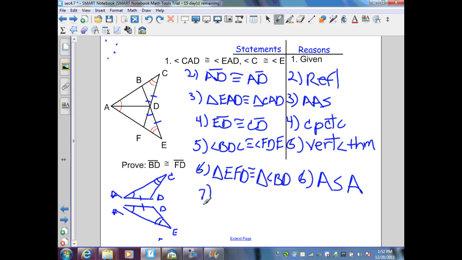Step 7, I can state that segment BD is congruent to segment FD by CPCTC.